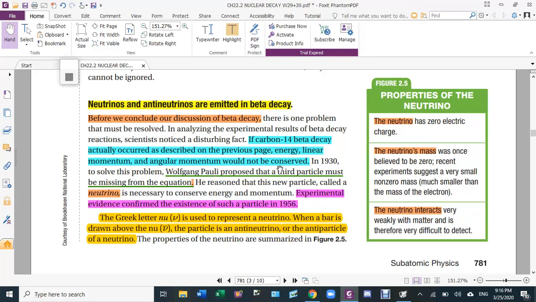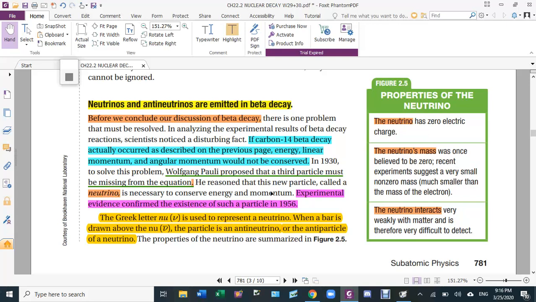It's impossible. But in 1930, the scientist Pauli proposed that a third particle must be missing from the equation. There's a part missing in the equation. He reasoned that this new particle, called the neutrino, is necessary to conserve energy and momentum.